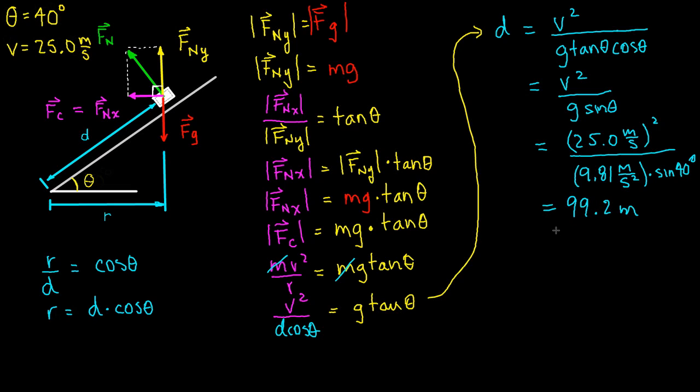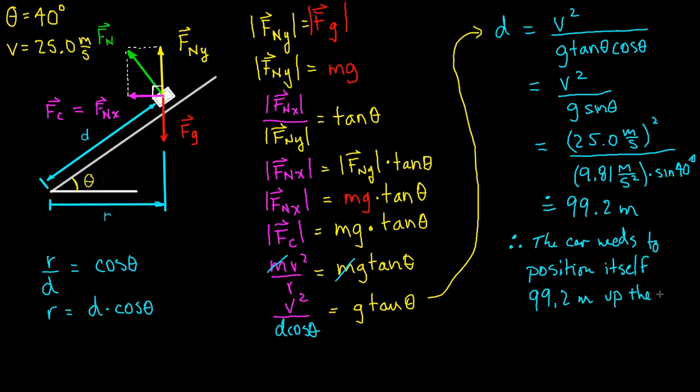Everything was given to 3 significant figures, so our final answer will be rounded to 99.2 meters. And so therefore, the car needs to position itself 99.2 meters up the ramp. That's all there is to it.